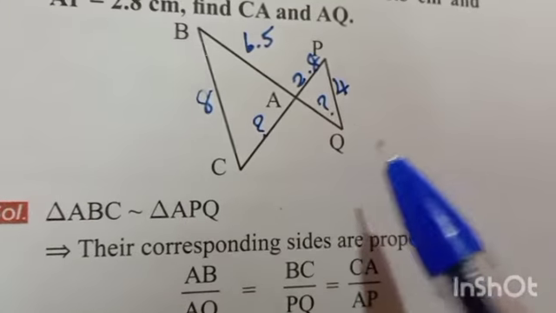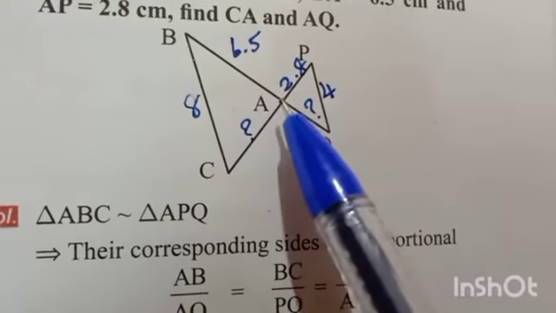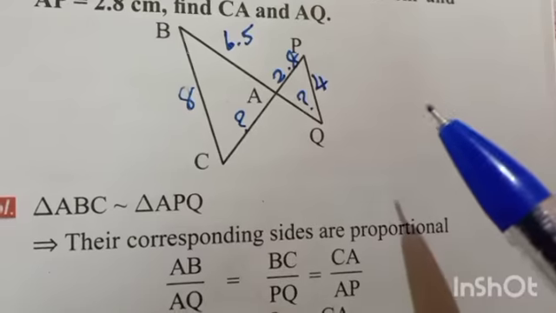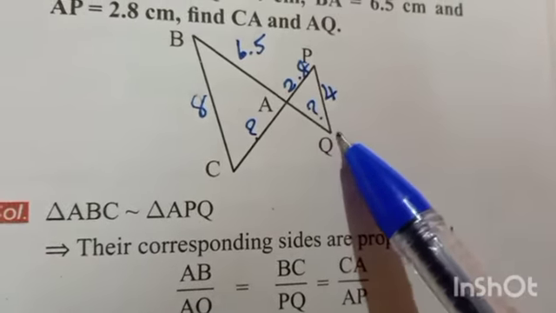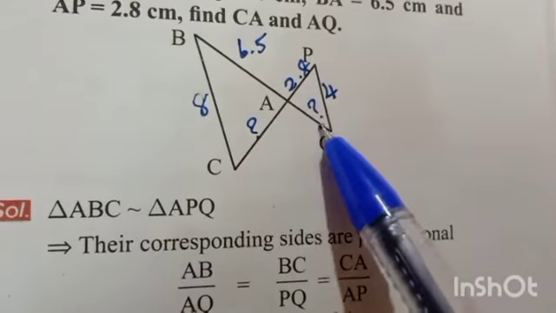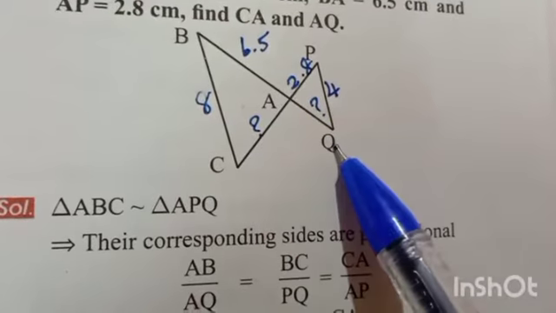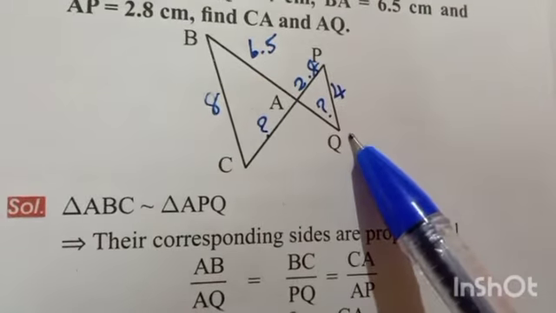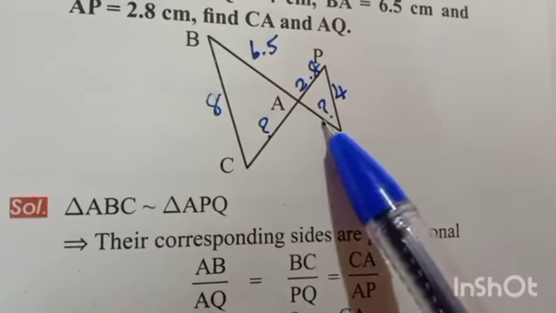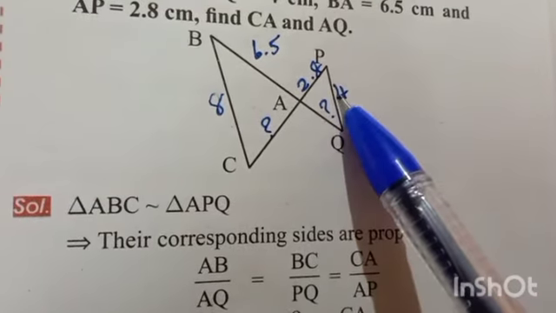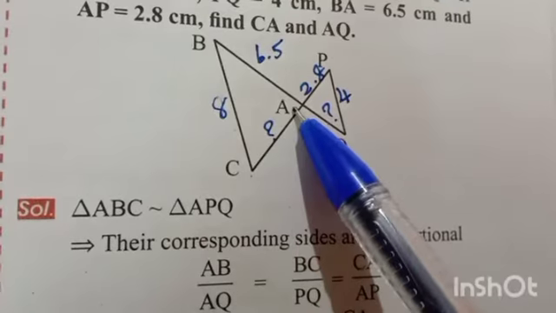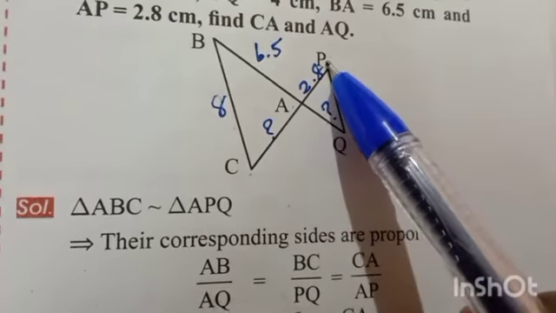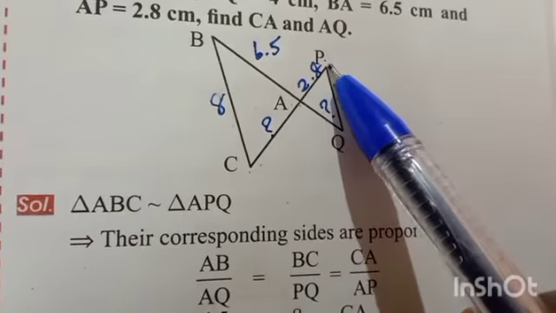So how do you write the corresponding sides? That is AB by AQ, and BC by PQ. These two are corresponding, and these two are corresponding. Next, CA by AP.